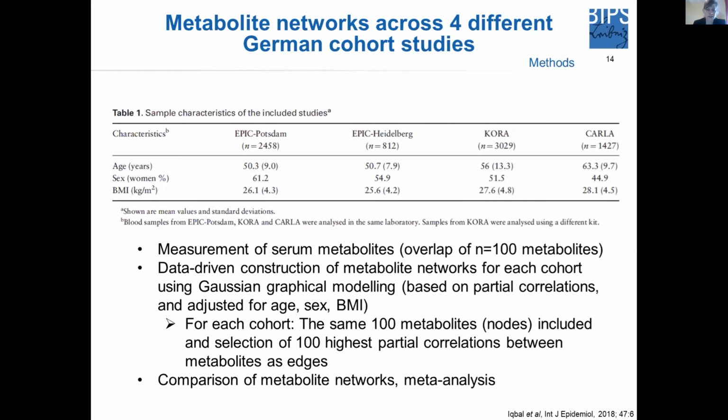And then we constructed metabolite networks based on the method I just presented for each cohort. For each cohort, the same 100 metabolites are included for the network construction, and we selected the 100 highest partial correlations between the metabolites as edges. And then we compared the networks and also did the meta-analysis.